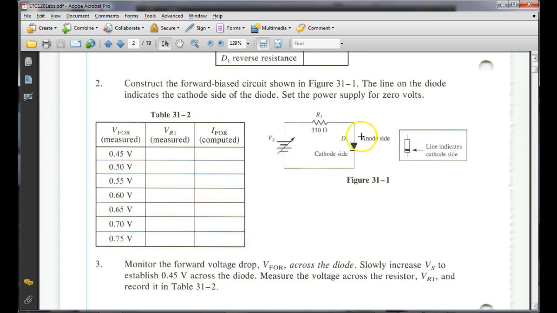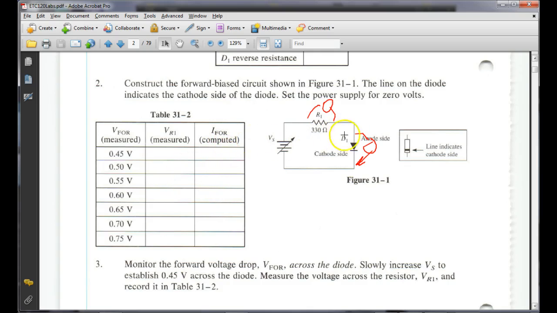So we're going to measure the voltage source across the resistor. And we're going to start off with what? 450 millivolts, right? That makes sense. So the diode should be almost turned off. And then we're going to measure the voltage drop across this resistor. And then we're going to compute the current.